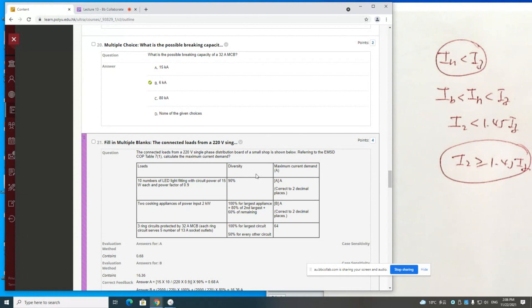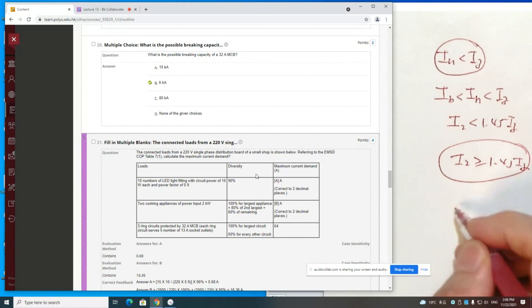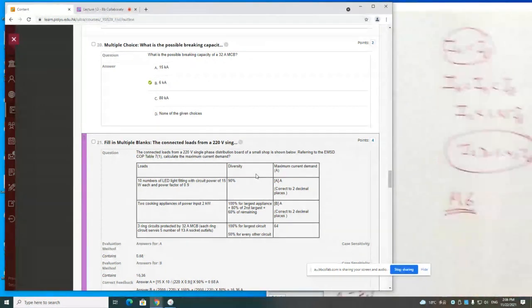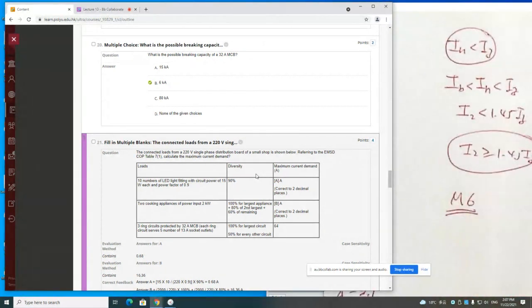Of course some cases may be 10, but for circuit breakers used in residential or commercial buildings, the breaking capacity is 6 kiloampere. So we call this an M6 circuit breaker. So 15 kiloampere is not possible. 80 kiloampere is the one for a fuse, so D of course is not right. So the only thing we can consider is B.